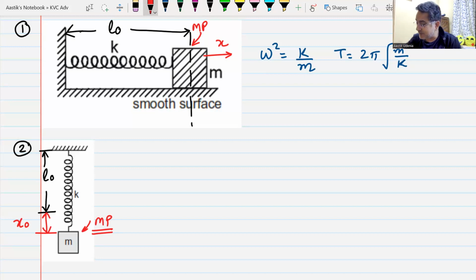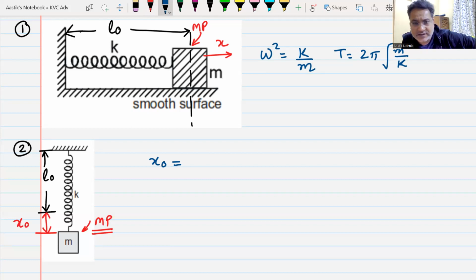Then where will that mean position be? What will be the value of x naught, the value of the mean position? What will be the extension in the spring in this case, where the block is in equilibrium? When the block is in equilibrium, we call it the mean position. What will be the value of x naught for the mean position?